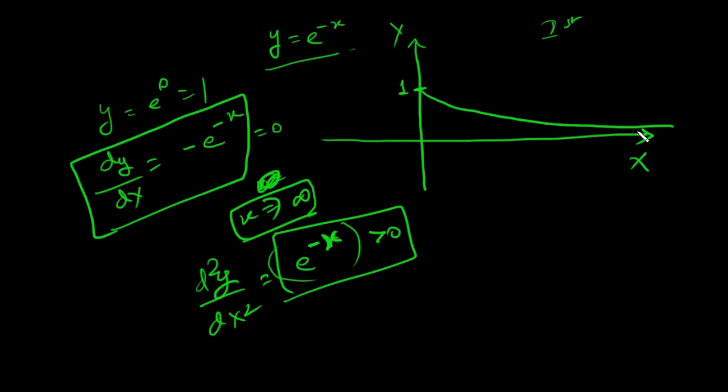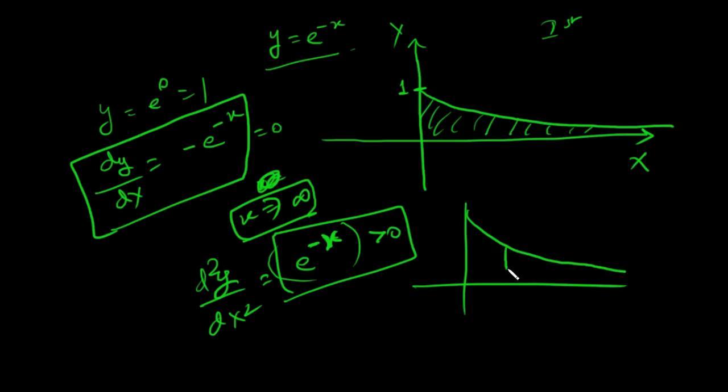Now I have to find this whole area. So how do I do it? First of all, I take a strip. This has a coordinate y and this is at a distance x. This strip has a breadth of dx. Now what is the area of this strip?